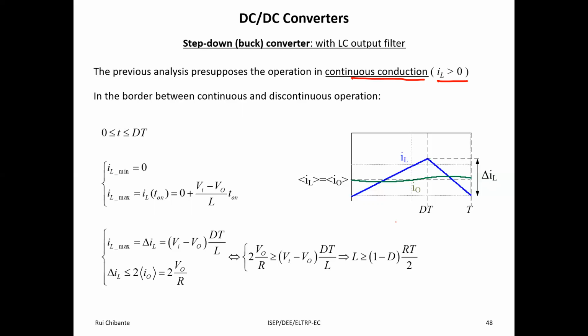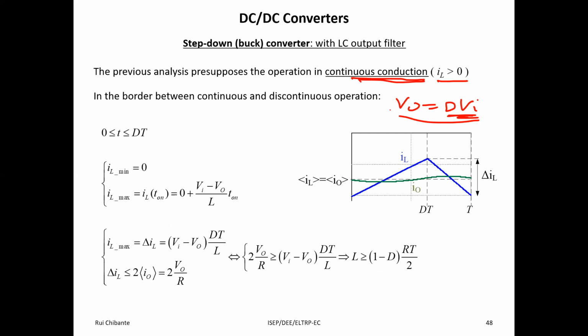There is always current. And it is a desired mode of operation in the sense that it is the one where output voltage is D times Vi. So it is a very simple relationship that we try to use always.